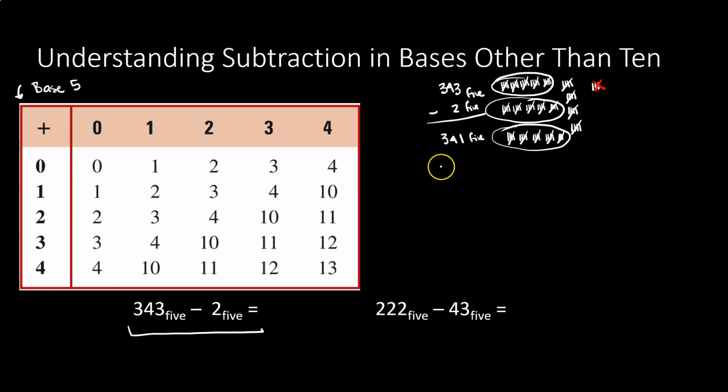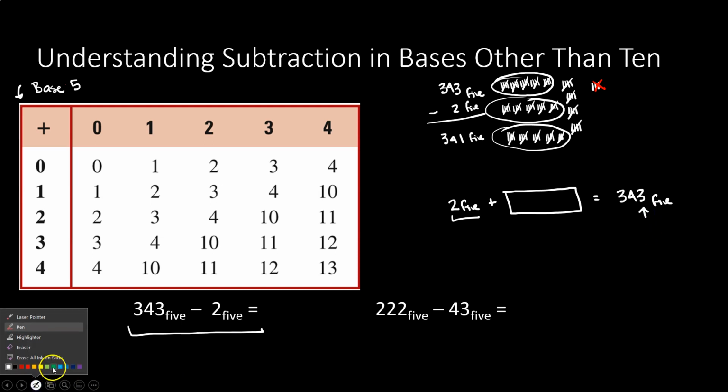I could write this as a missing addend problem by saying 2, base 5, plus something gives me the number 3, 4, 3, base 5. This 2 plus some digit in base 5 has to give me the 3 in the ones place.